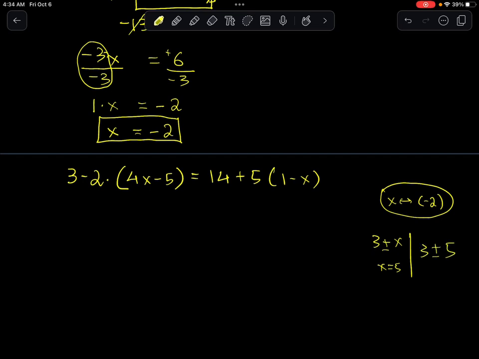There's no confusion. The confusion is when you have 3 times x. Even if the x is positive, you may actually write it as 3 plus 5, and you may actually add instead of multiplying. If you put it in a parenthesis, you'll be forced to multiply.